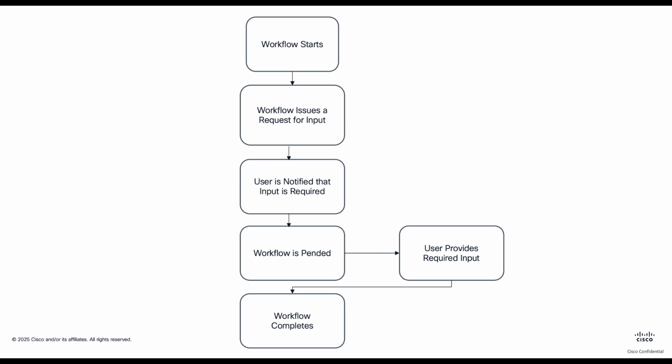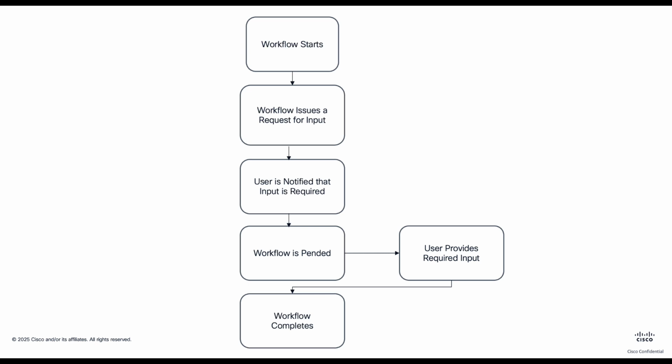So a user is notified that input is required. That user then comes into the automation space, and there is a section, which we'll show, where they can see the request, fill out the information, and let the workflow continue to execute.